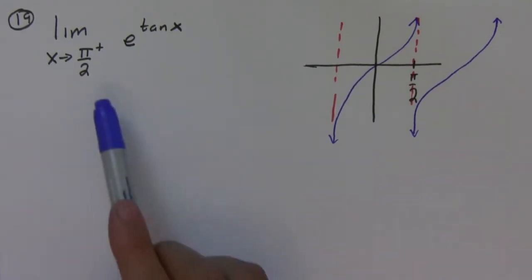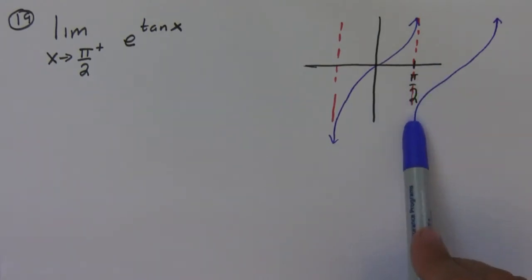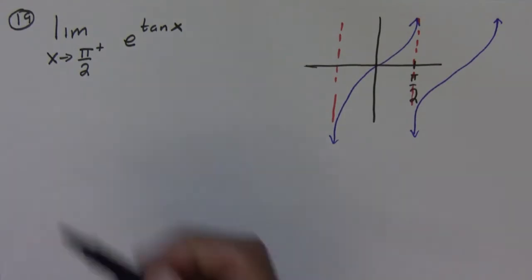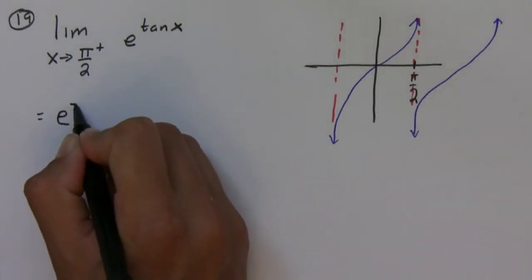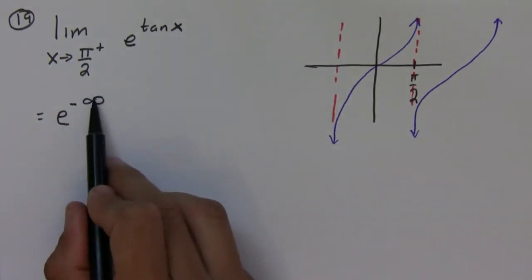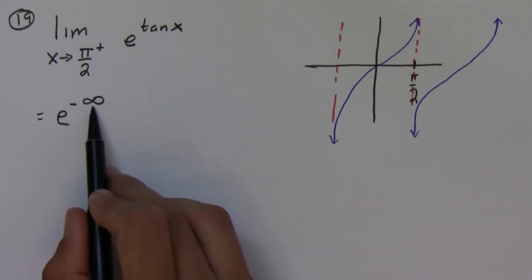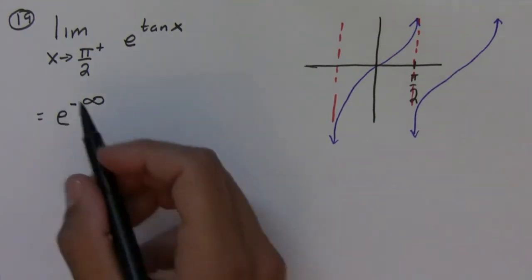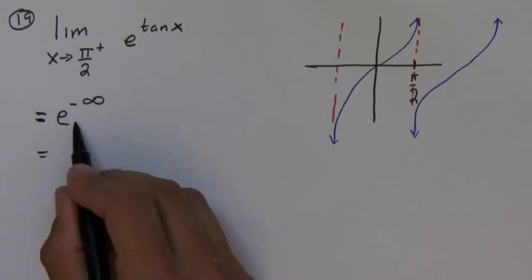If we approach pi over 2 from the right, tangent is going down to negative infinity. So really what we're looking at is e being raised to a really, really big negative number. Obviously this isn't technically correct, because infinity isn't a number, so you can't really plug it in, but what you're imagining is a very big negative exponent.